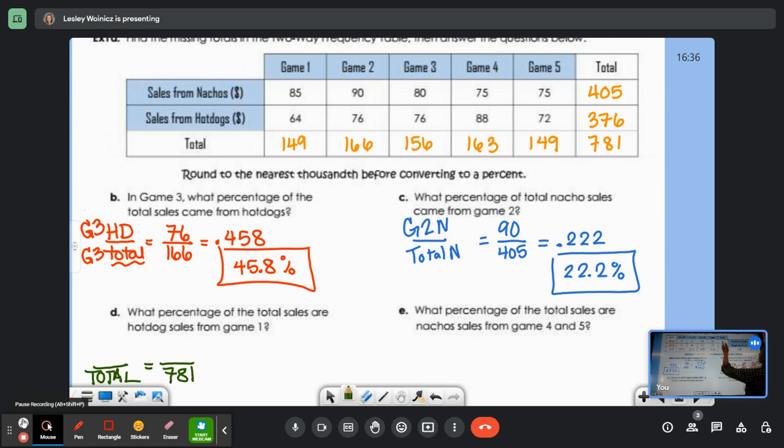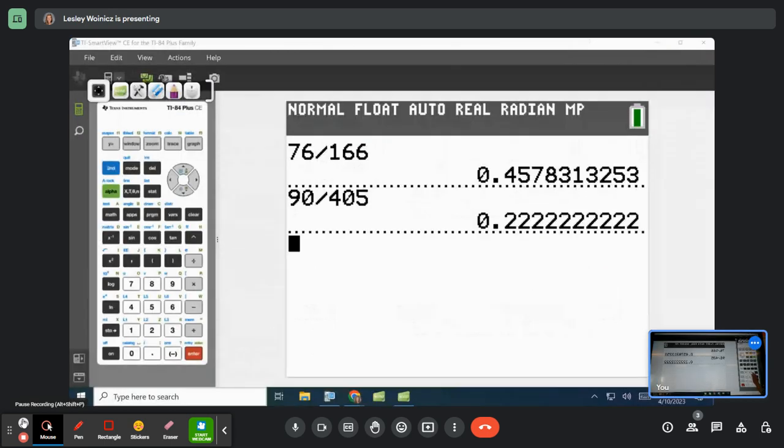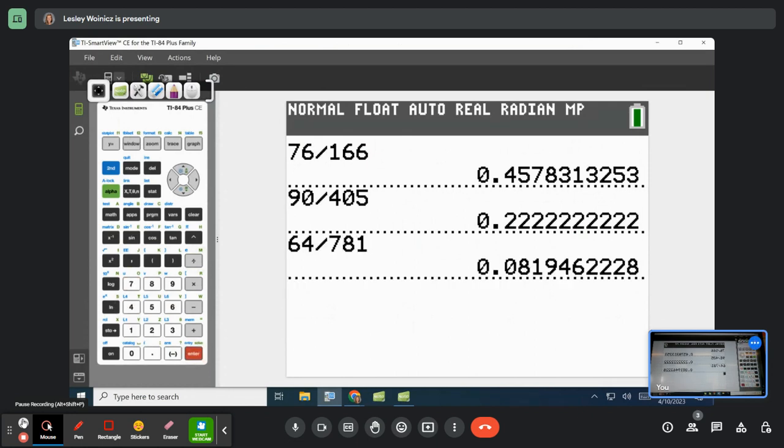Hot dogs from game 1, that's $64. So I want to know what 64 divided by 781 is. That looks like 0.082.